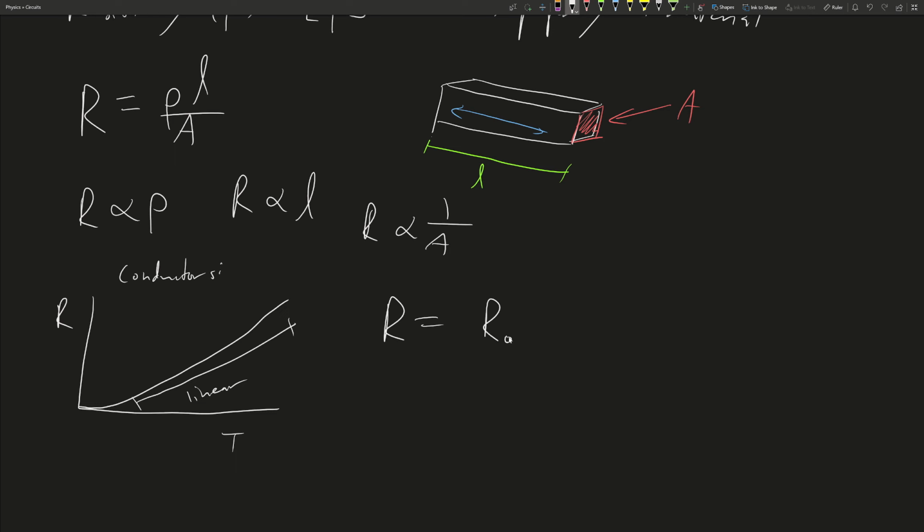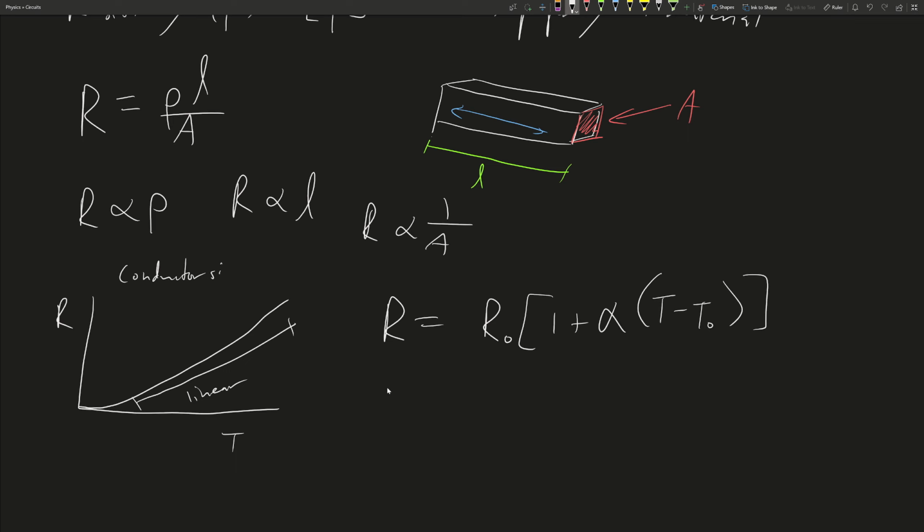some R0, this is a reference resistance, times 1 plus alpha, so this is the temperature coefficient for resistance, times T minus T0.